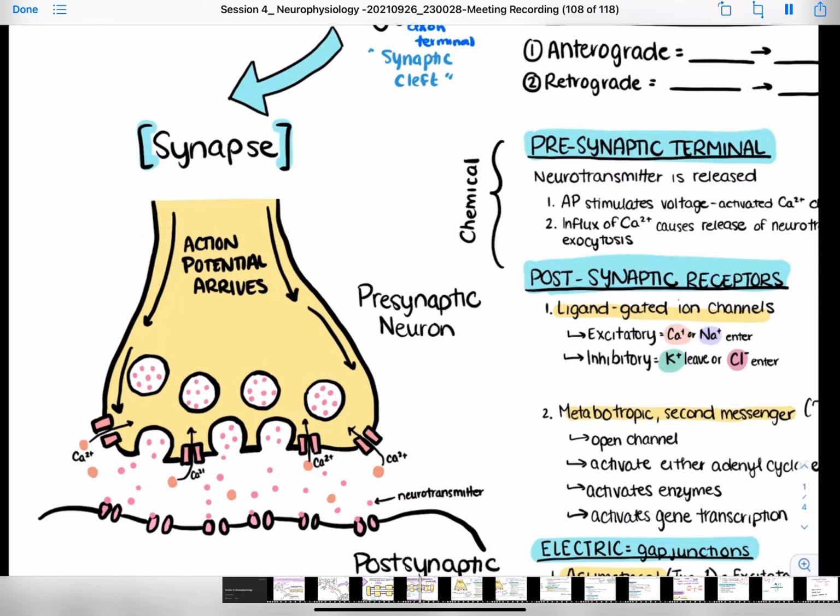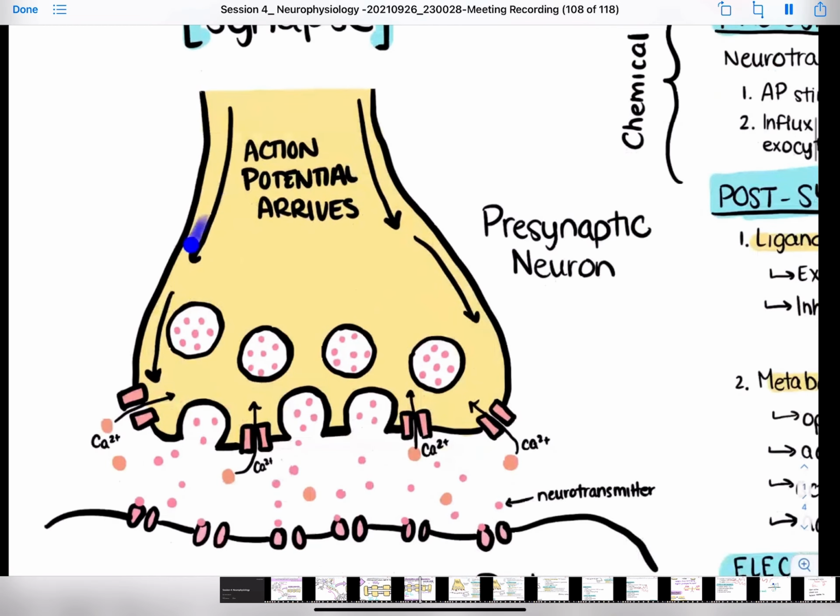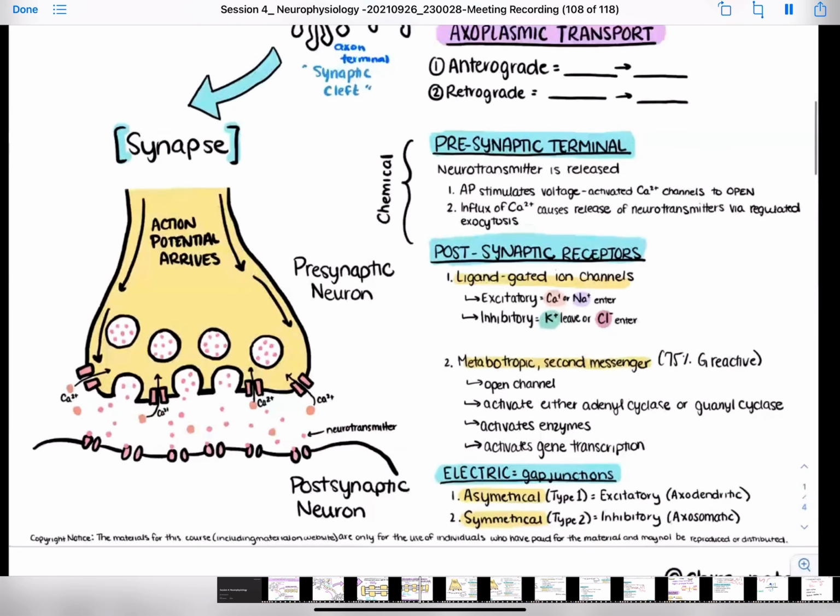But it's not an actual molecule that's there or an enzyme or a protein there pushing along these little vesicles. So this voltage comes in, it comes down and it activates these voltage gated calcium channels. So actually I have this listed somewhere right here. Okay, yeah. So an action potential stimulates voltage activated calcium channels to open.